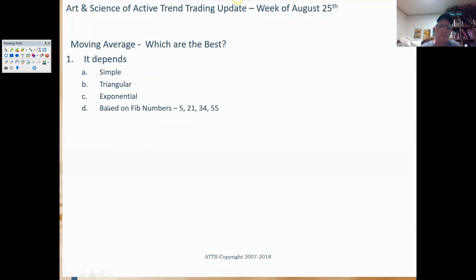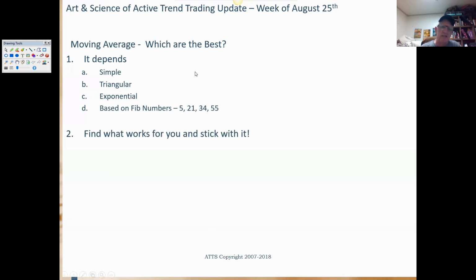Some people will go on Fib numbers, the 5, the 21, the 34, the 55. That gives you a little clue, that's one of the reasons why I'm looking at the 34-day moving average that we're going to be doing some study on, probably this, if not this week, this Wednesday after this session.